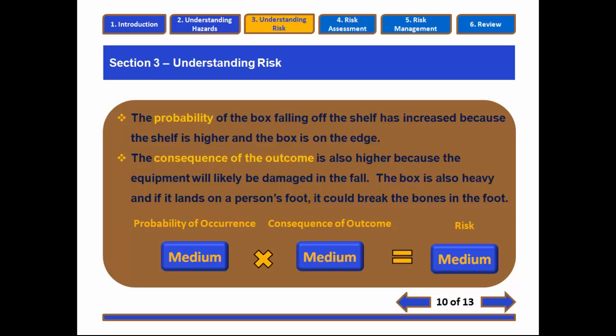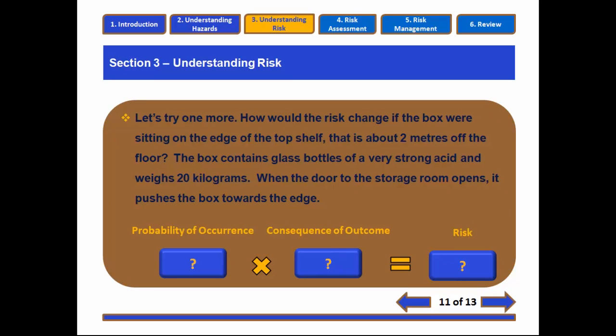And as a final thought experiment, let's consider a box on a top shelf. So it's about 2 meters off the ground. It's above everyone's head. And let's say that the box contains glass bottles of strong acid, weighing about 20 kilograms.